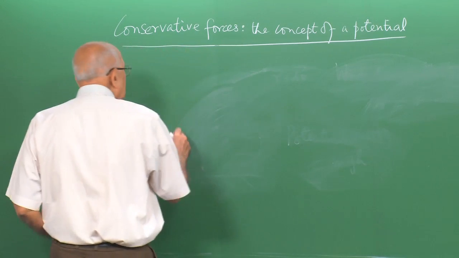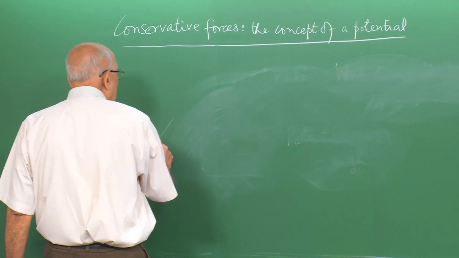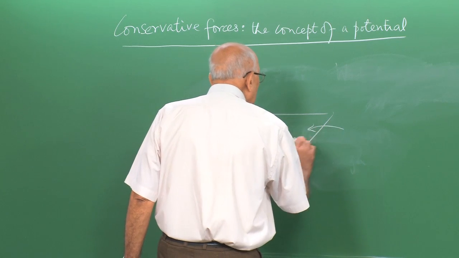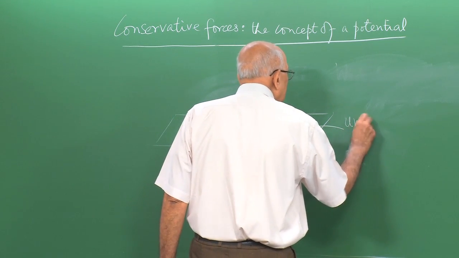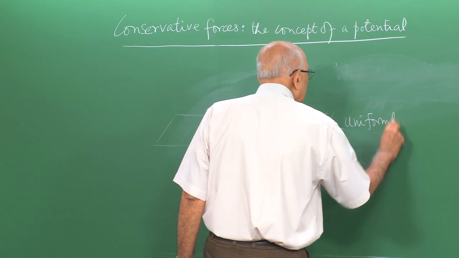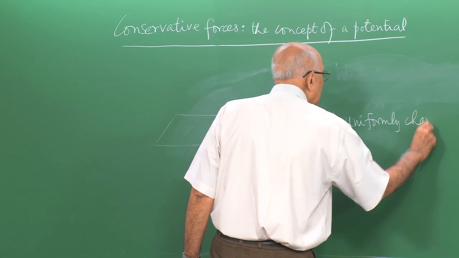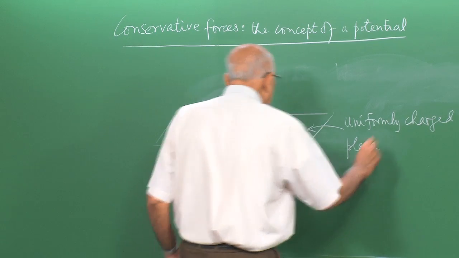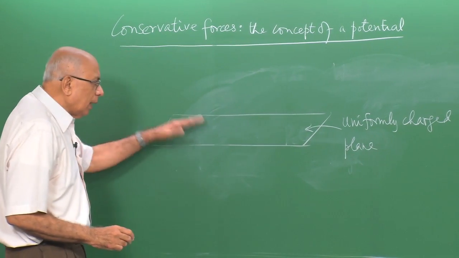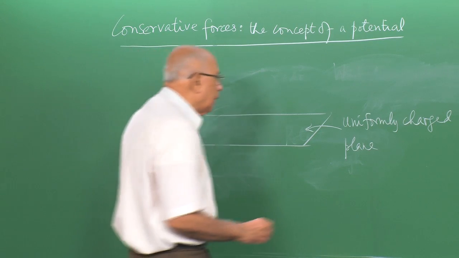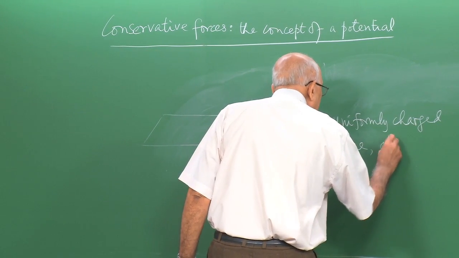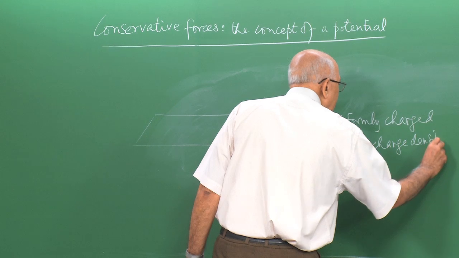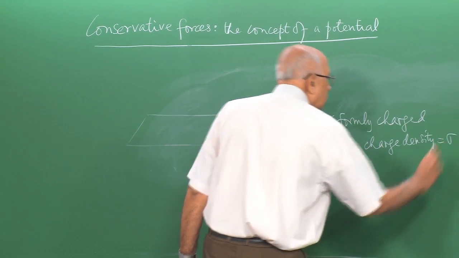Suppose you have, and this is a very familiar example in electrostatics, suppose you have an infinite uniformly charged plane. So the xy plane is uniformly charged plane with a surface charge density equal to sigma, say.